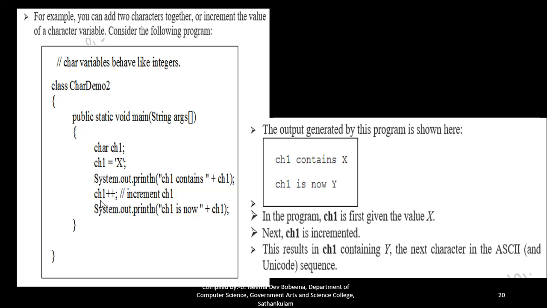Here we increment ch1. ch1 is assigned X, then ch1 plus plus will hold the value capital Y. When you print ch1 after incrementing, we get the value Y. ch1 was X earlier, and after incrementing it has become Y.